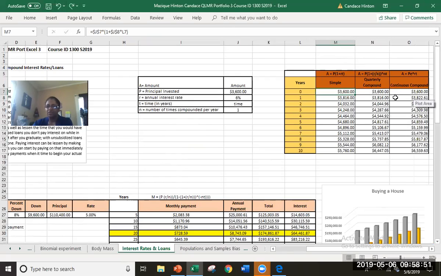All right. So like I said, we have our simple, our quarterly, and we have our continuous compound.